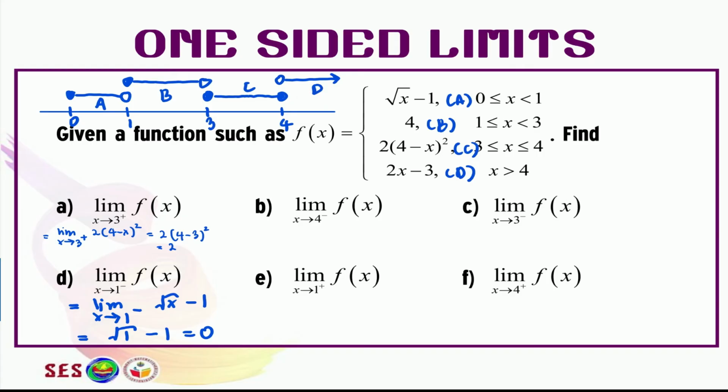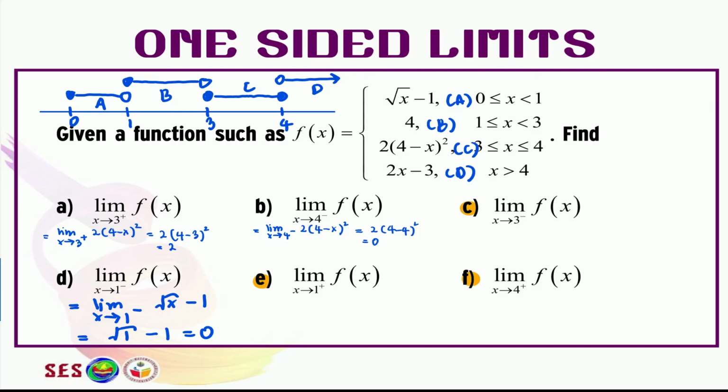So we're going to replace this function here with function C. So let's rewrite this with the limit as x approaches 4 from the left for the function square root of 4 minus x squared. So as usual, to find the limit, we just need to substitute x equals 4 here. So this becomes square root of 4 minus 4 squared, and this is equal to 0. Let's put this aside.